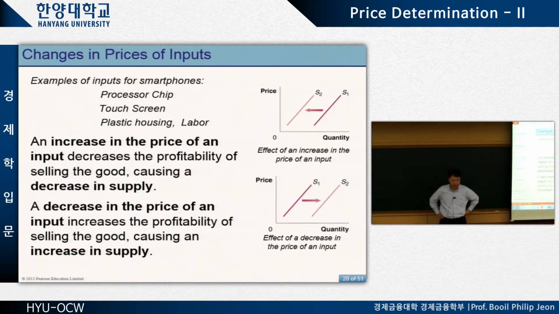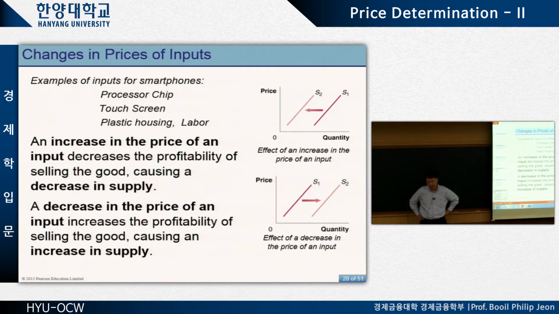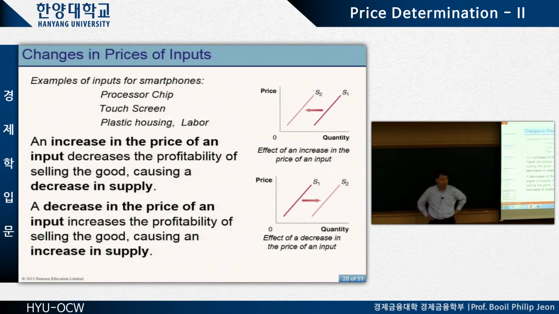So first of all, input prices. Okay? Input price is a very important determinant of the supply. What's the most important input in any production? Labor. Very good, right? Without labor, you can't produce anything, right?